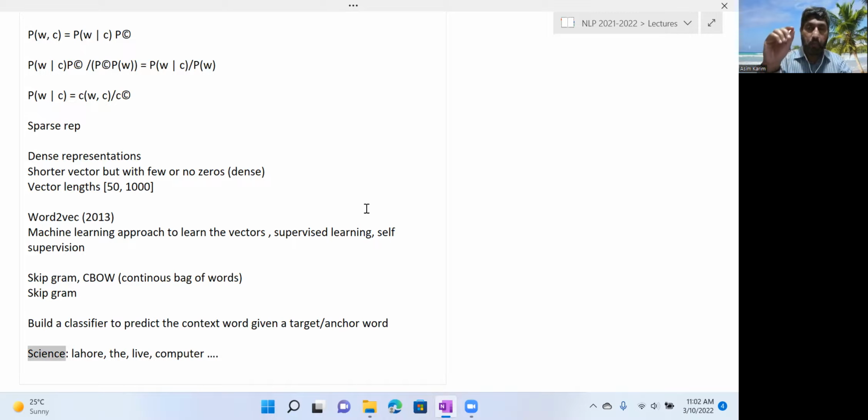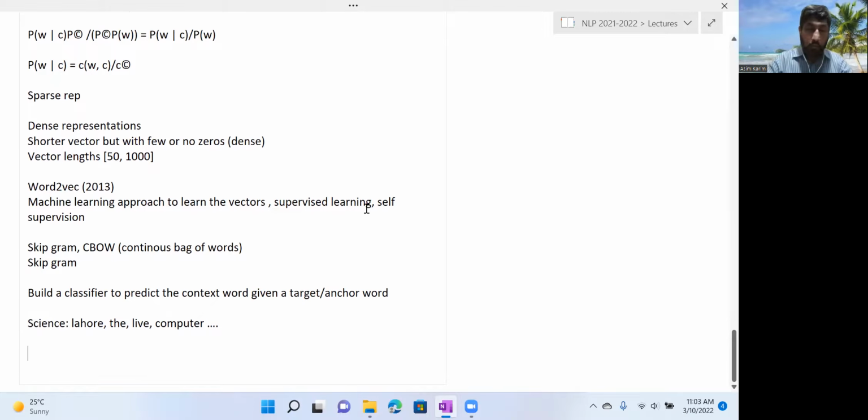So remember, if you talk about logistic regression, and later on, actually, we will discuss this in terms of neural networks. So that's why we studied neural networks before. So the weight vector associated with this word would then be the representation for this word. And we go through the building of the neural network or the classifier just to learn that representation.